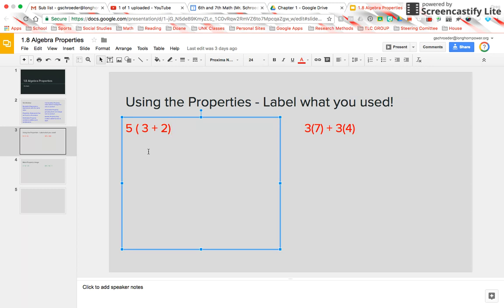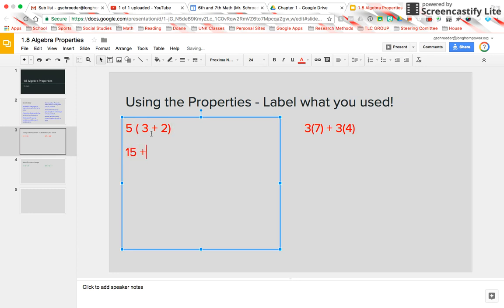But I'm not looking for a final answer right now. Right now I'm looking to learn how to rewrite things and see different representations. So what I do here is I take 5 times both parts of this quantity. 5 times 3. 5 times 3 is 15.